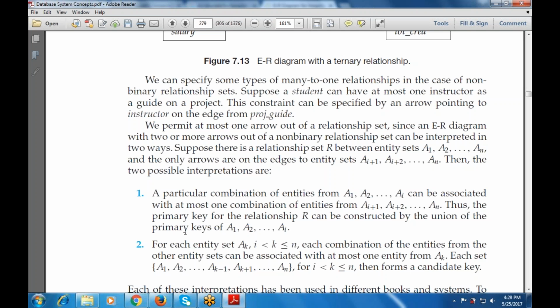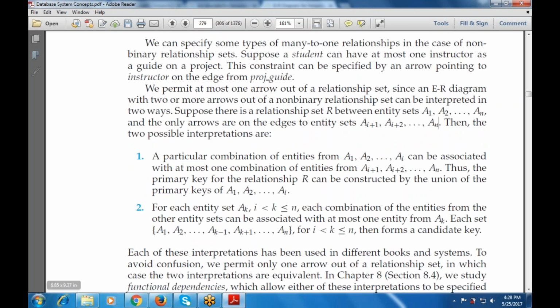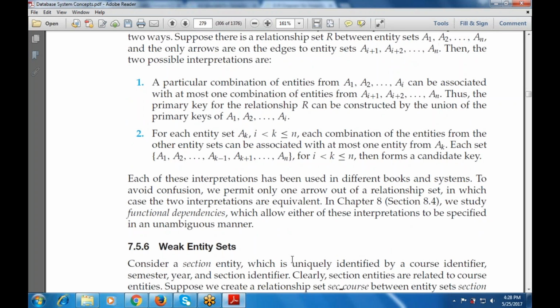And for each entity set Ak, where i is less than k, and k less than or equal to n, each combination of the entities from the other entity sets can also be associated with at most one entity from Ak. And that association then forms a candidate key. Now, each of these interpretations has been used in different books in the system. That depends on the arrow, that depends on the relationship, that is the functional dependencies.